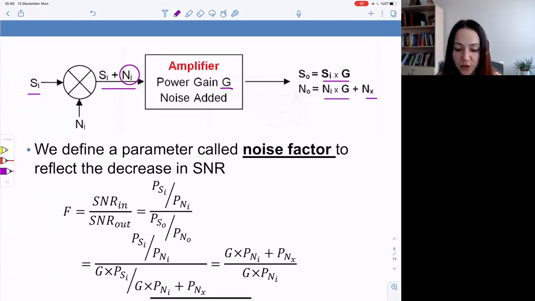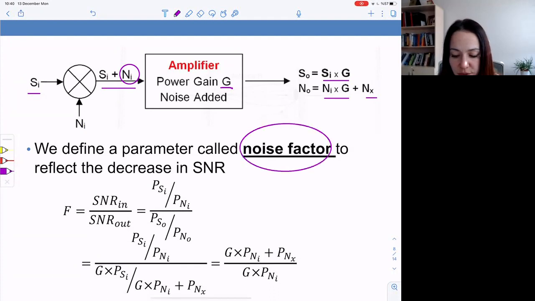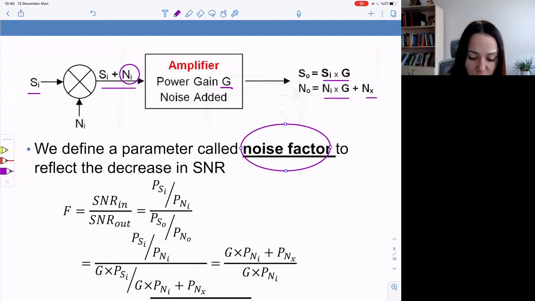Okay, so in order to characterize the reduction in SNR as the signal passes through the amplifier, a parameter called noise factor is defined. Noise factor is defined as the ratio of the input SNR to the output SNR.